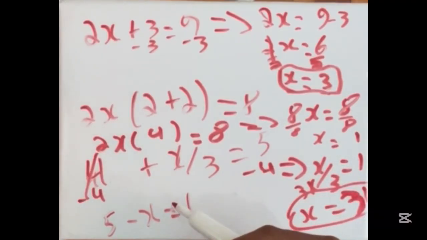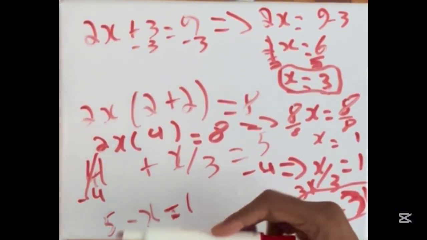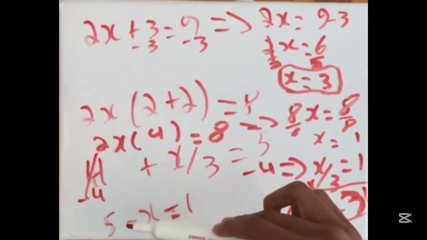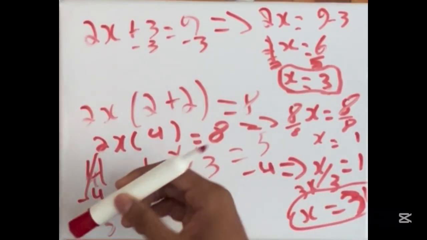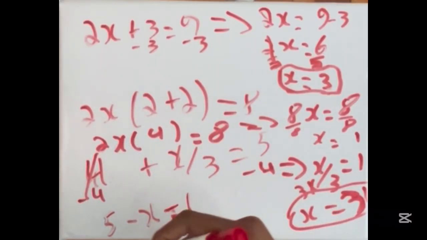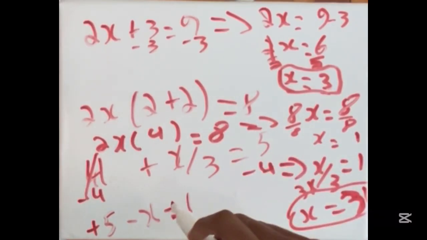Okay. So here, this seems simple at first, but it's going to become more complex as we go on, right? As you have probably noticed, the minus sign is in front of the x, not in front of the 5, right? So this is just plus 5 and minus x.